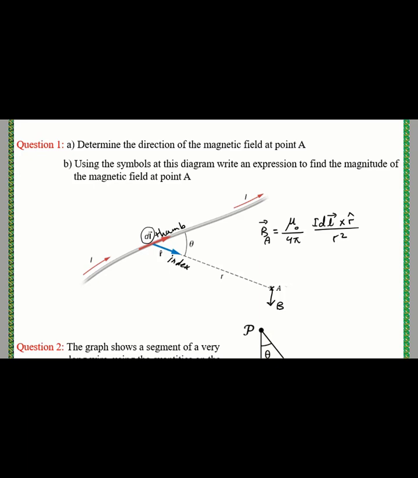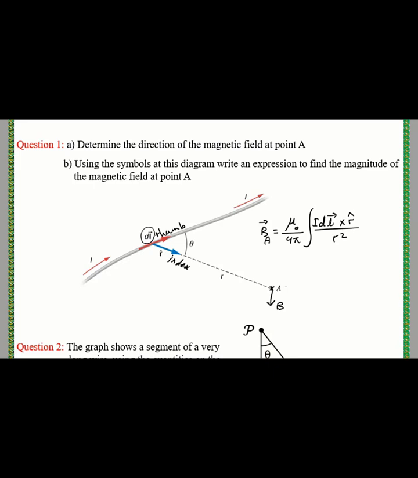This is dB. If you need B, integrate that all along the wire.